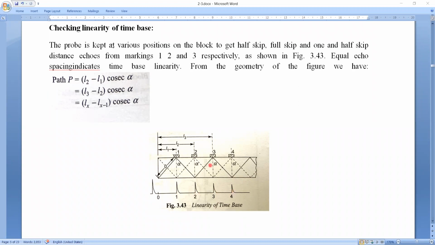That means the relationship between time and the distance between the echoes is linear, and the equipment is performing well. If the distance is equal, then the linearity of the time base is there. If the distance is different between different peaks, there is no linear relationship between time and the echo, and then there is a problem in the testing equipment.